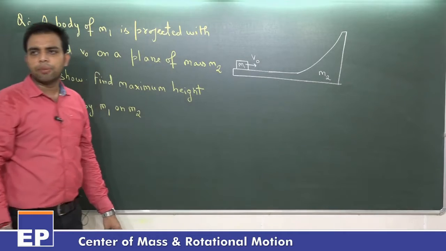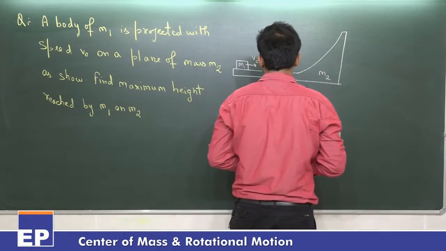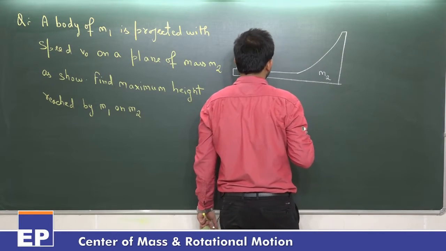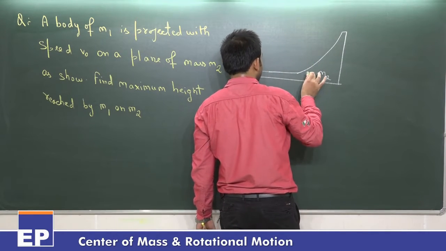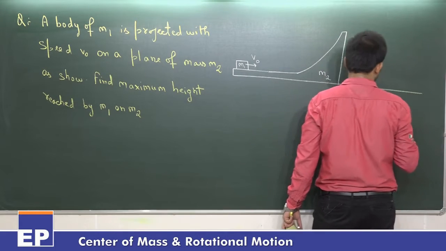We have to calculate the maximum height reached by m1. When it starts moving and reaches the maximum height, it will come to rest with respect to m2, but at the maximum height both are moving with the same speed.